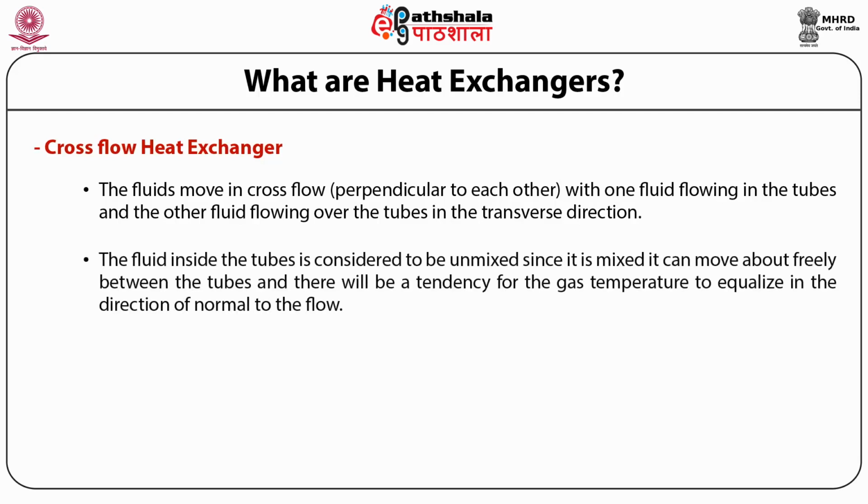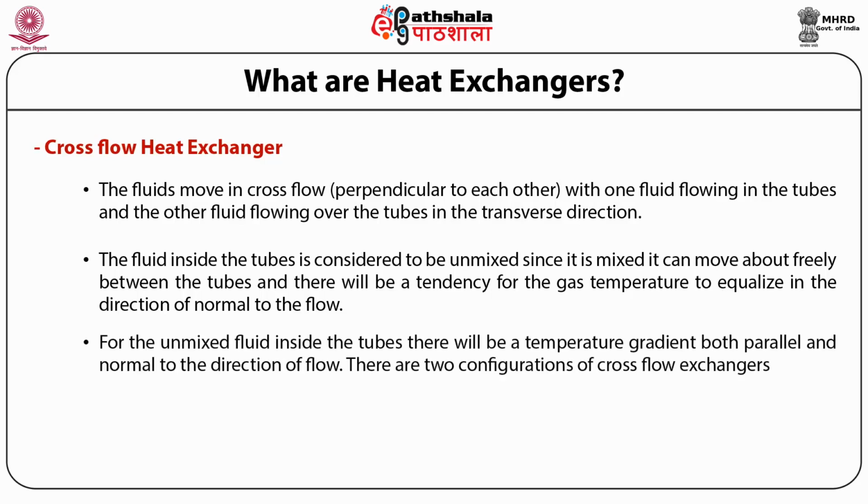The fluid outside the tubes is considered to be mixed since it can move about freely between the tubes, and there will be a tendency for the gas temperature to equalize in the direction normal to the flow.